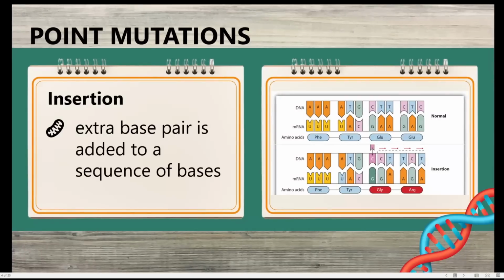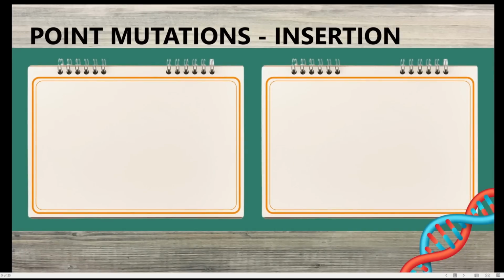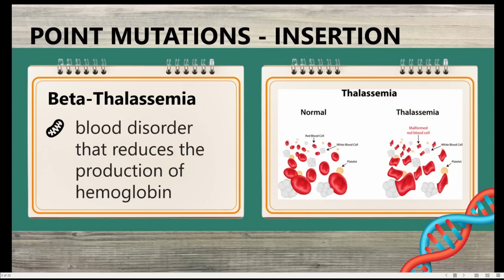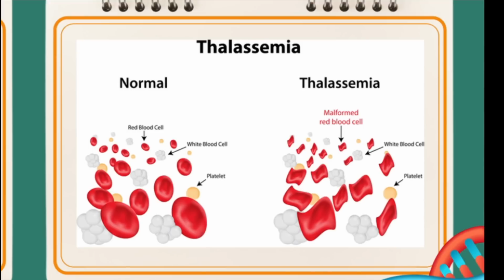One example is what we call beta thalassemia. So, what is beta thalassemia? It is a blood disorder that reduces the production of hemoglobin. Diba? So, makikita natin, isang pagkakamali lang sa base pair, naging ganito na yung kanyang red blood cells. Meron na siyang blood disorder.